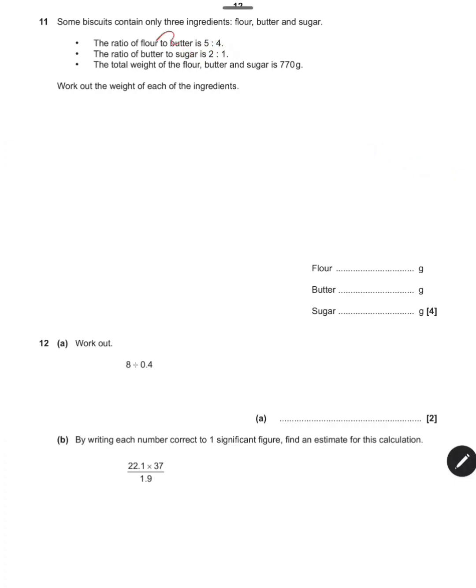Question 11, we've got some ingredients, flour, butter and sugar. And then it says flour is 5 parts, to butter is 4 parts. Then in the second ratio, we've got butter is 2 parts and sugar is 1 part.